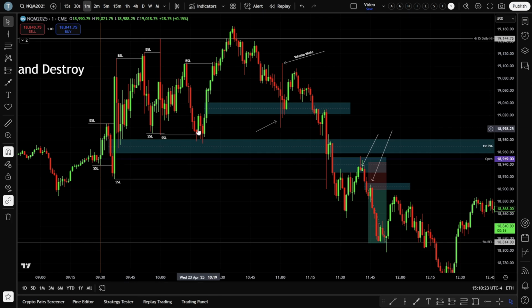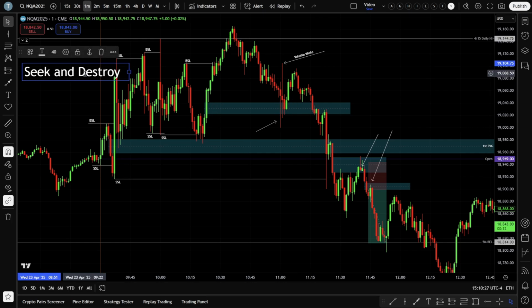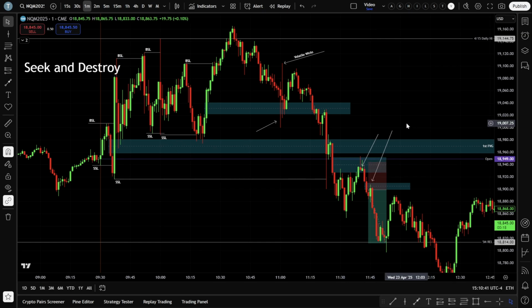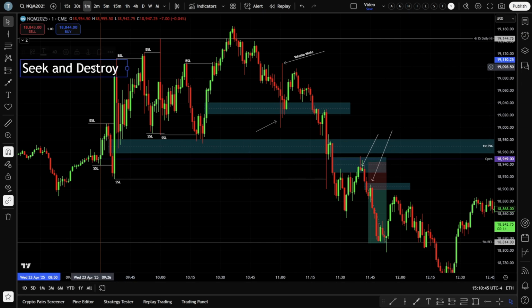Waiting for all of this seek and destroy profile. Wait for that to do the damage. And then here you see prices starting to respect these fair value gaps. It respects it. Here is an inversion, respecting this fair value gap. So that's when you want to be looking for moves in the market.